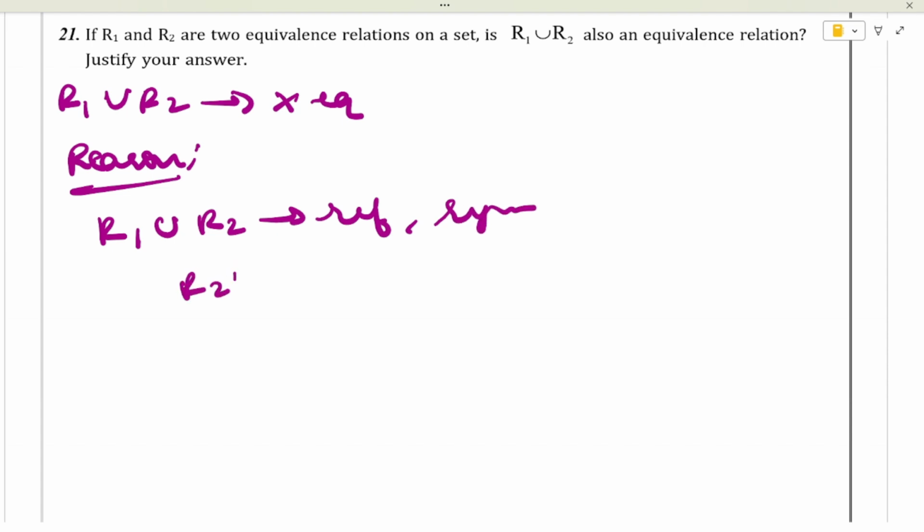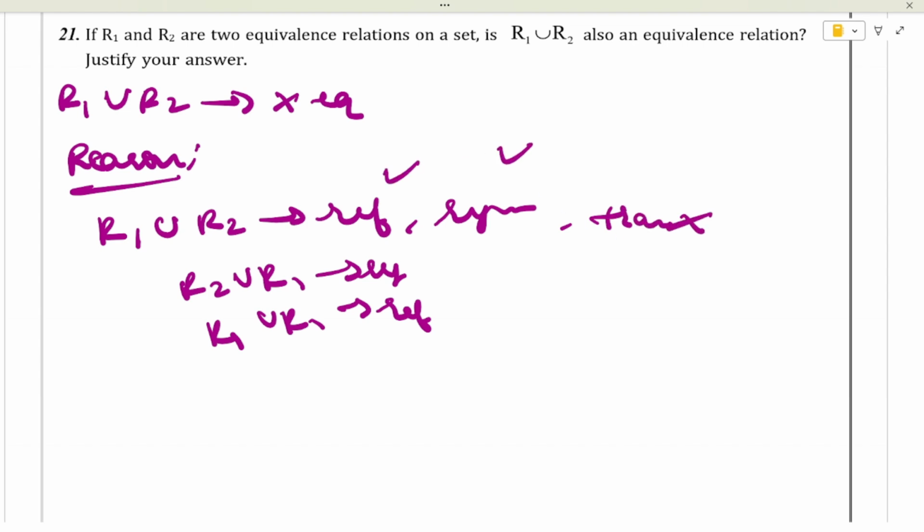If you take R2 union R1 or R1 R1, this is for symmetric, this is for reflexive. It may not be transitive, it is not happening. They both are true for reflexive and symmetric, so that may fail in equivalence relation.